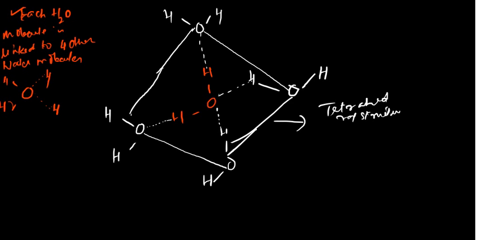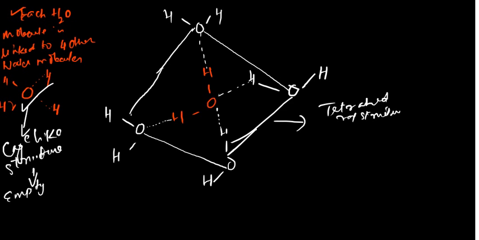So in the previous slide that I was showing you, I showed that each oxygen atom is bonded to 4 hydrogen atoms, and this gave rise to a cage-like structure that has empty spaces.